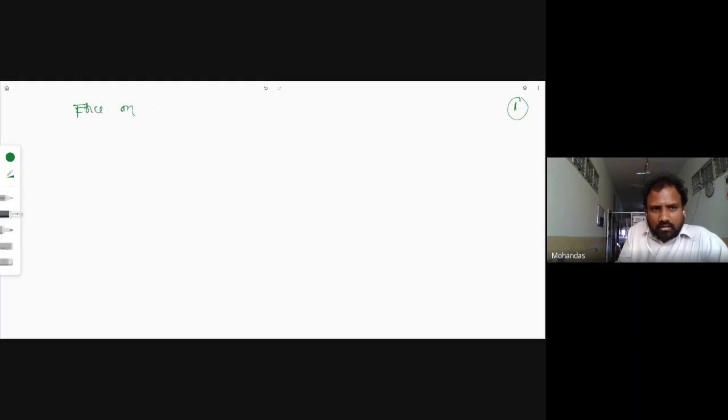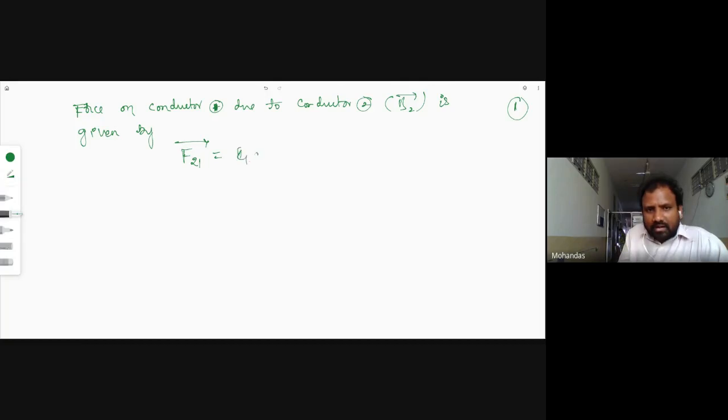Force on conductor 1 due to conductor 2, because of the magnetic field B2, is given by F21, which is equal to I1 dL1 cross B2.